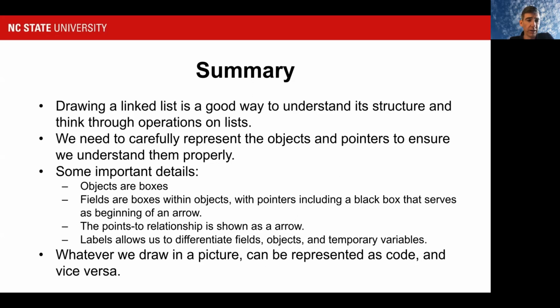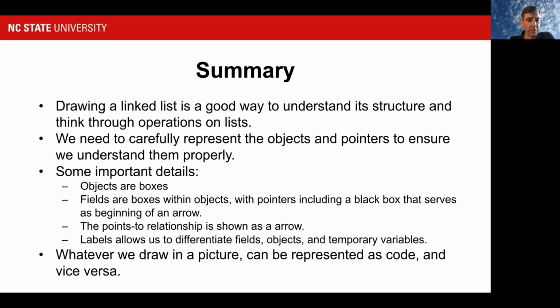Okay, it's very important to carefully represent the objects and pointers to ensure we understand them properly and that we agree on what that representation means. In fact, you could build a whole language that's a graphical representation that precisely means something in C++ code if you wanted to.